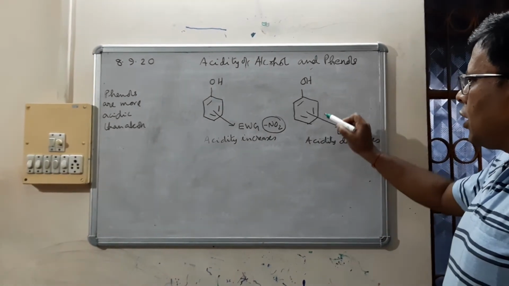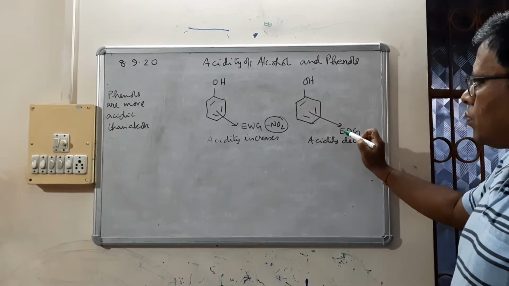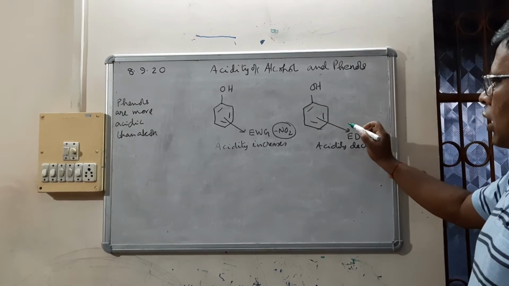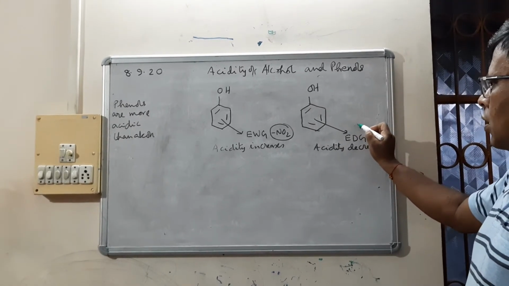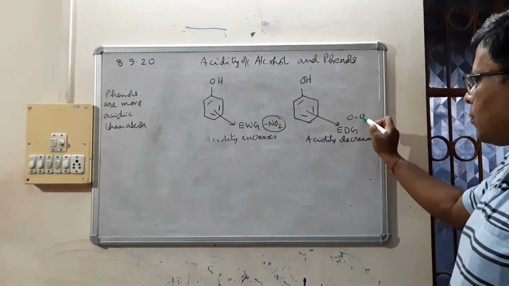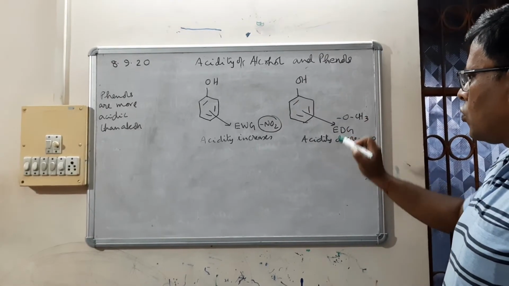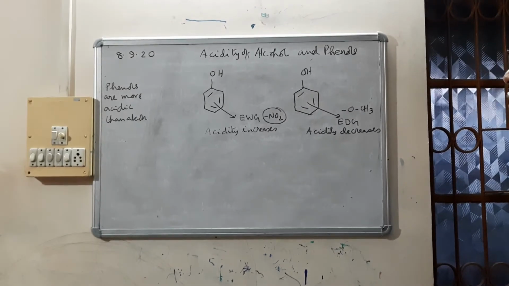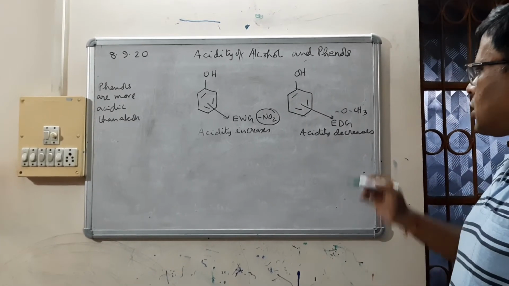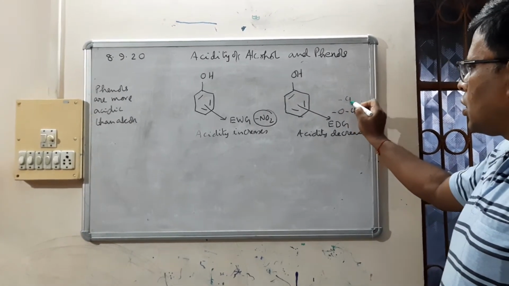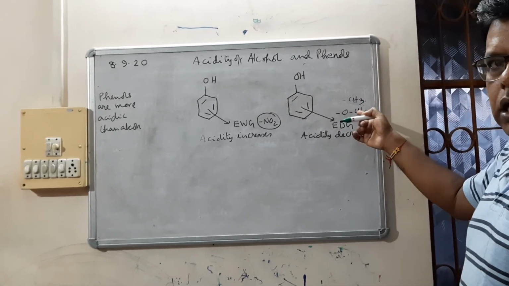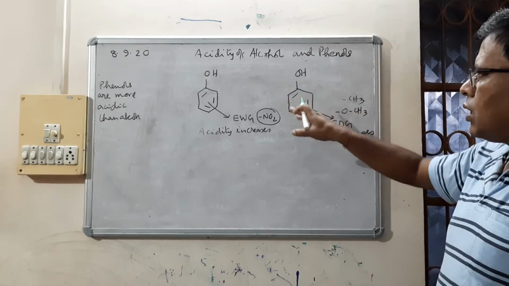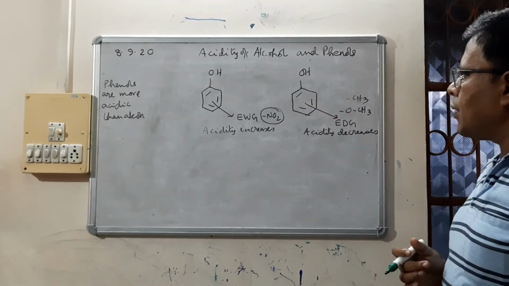Similarly, if there is an electron donating group in the ring, an example of which is OCH3, then acidity is going to decrease. This is the electron donating group. So their presence in the ring causes a decrease in the acidity.